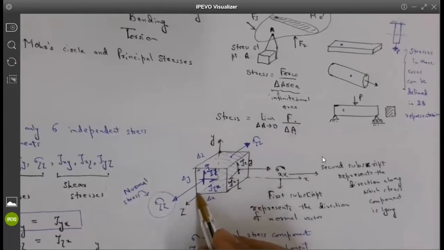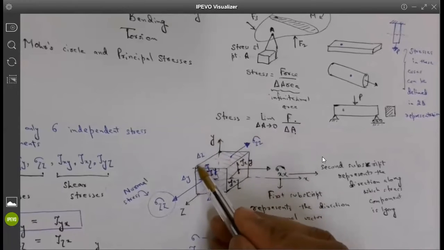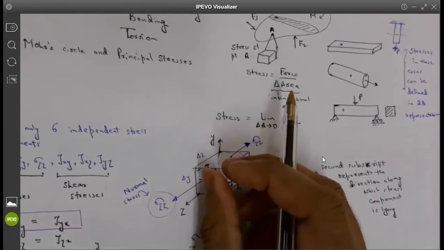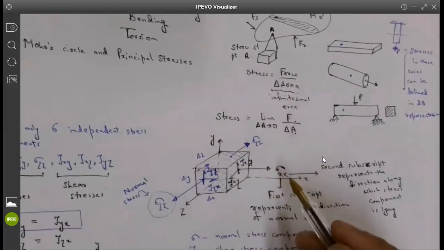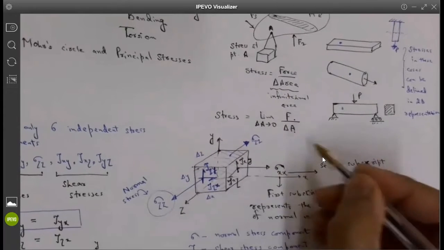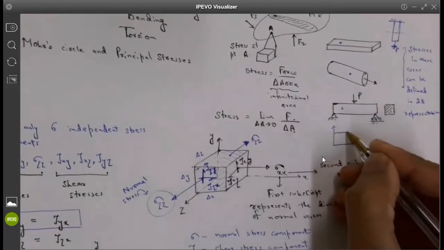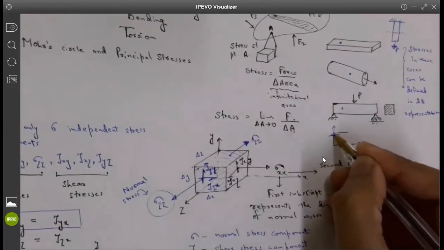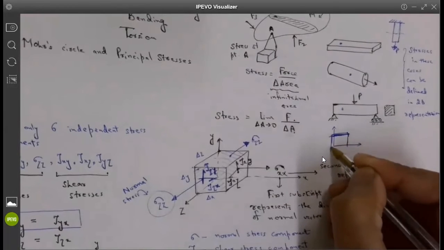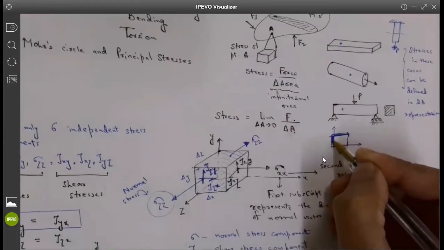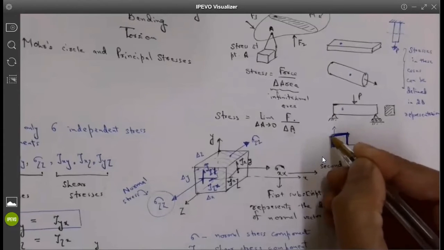Okay, so we have delta X here, delta Y here, and delta Z here. Now imagine delta Z is getting squeezed, and squeezed, and eventually you don't have any material left in the Z direction. You only have a representation which is given by this, which is very, very small.